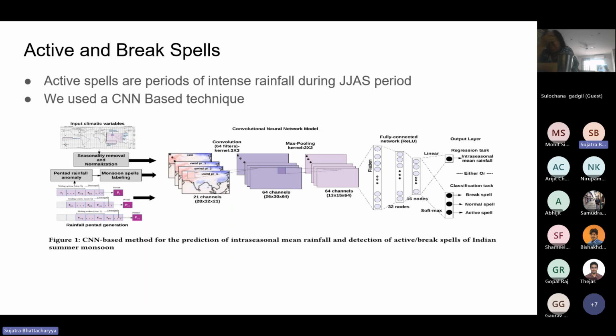The variables that we used were winds, temperature, and rainfall itself. Again, in some sense it is a dimension reduction we are doing, running it through all these neural networks to get the active and break spells.